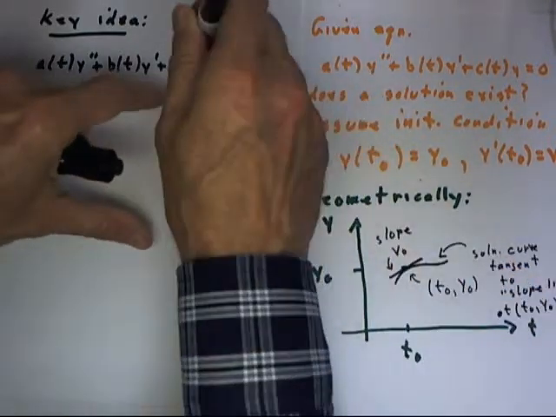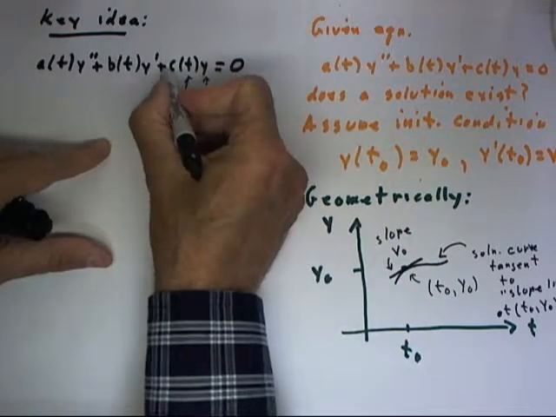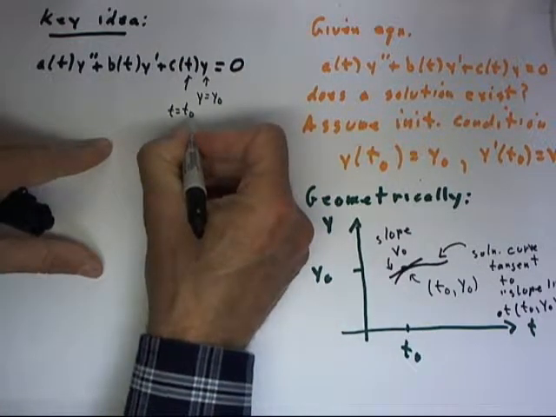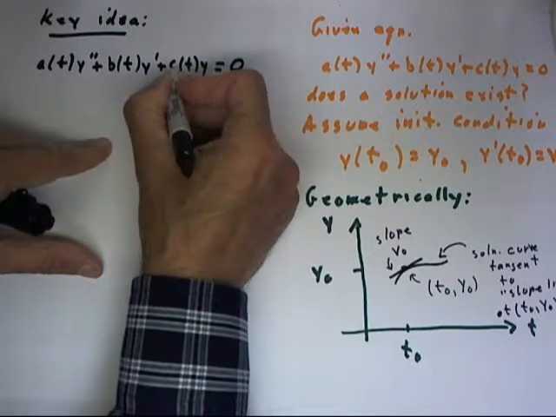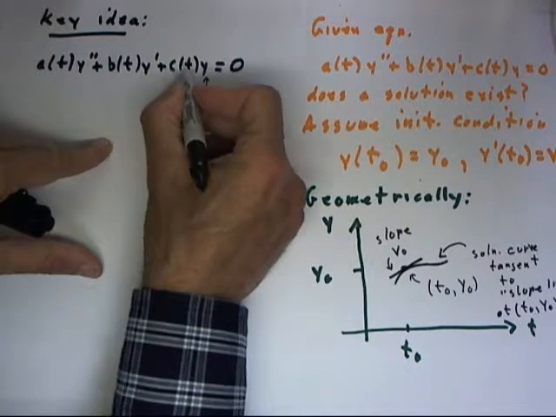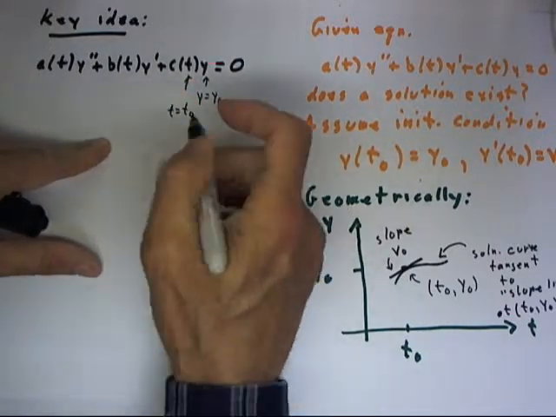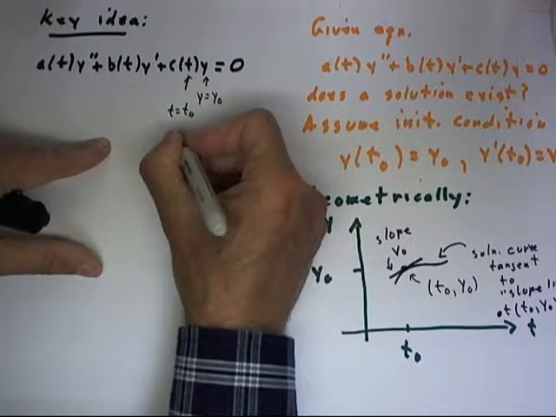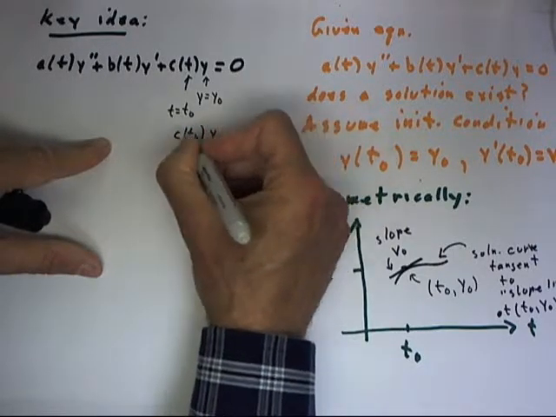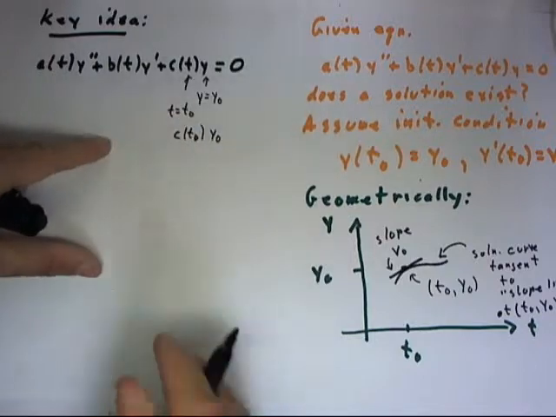So we know the value of y. If we know the function c of t and the actual value of t naught, we can plug this value in so we can evaluate c of t times y. It's just going to be c of t naught times y naught. So we get c of t naught y naught from this term.